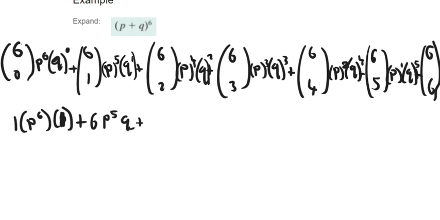Plus again, 6 choose 2, you can use the calculator for that.